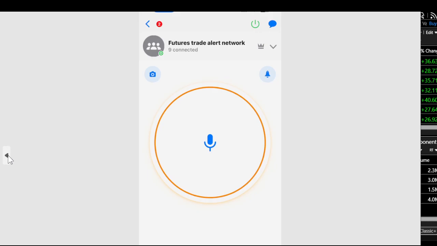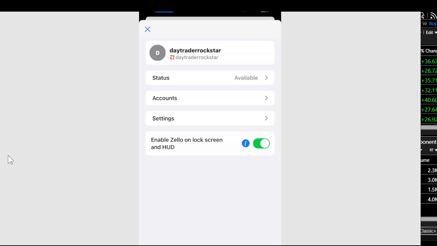So, you're going to do a search. Once you register, you're going to do a search for DayTraderRockStar. DayTraderRockStar is the name of myself on the app. And when you find me, and again, I'm still working out the ins and outs of this app, there's a lot of different things we can use on it.